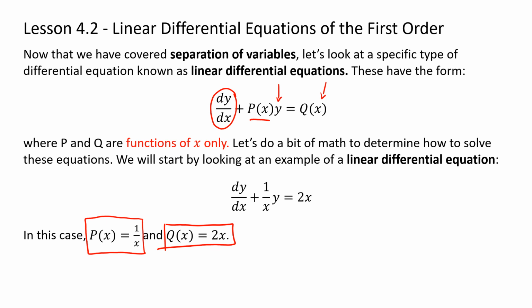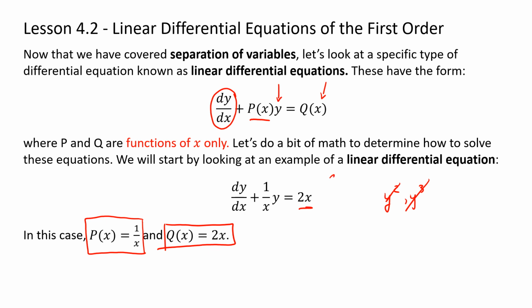The next item to note is that your function in the middle has to be multiplied by y. Y only. It can't be y squared or y cubed, etc. The third item to note is that your third term has to be a function of x only. So it's going to have numbers and some x function.